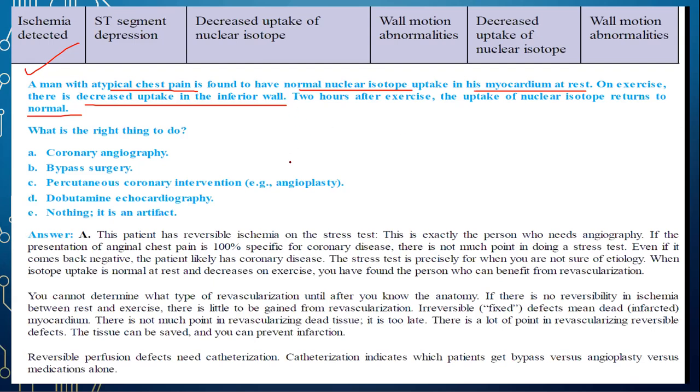So this sort of patient gets the most benefit from an angiography. Angiography will give you the exact percentage of stenosis or narrowing of the coronary blood vessels. This patient has reversible ischemia on the stress test. This is exactly the person who needs angiography.